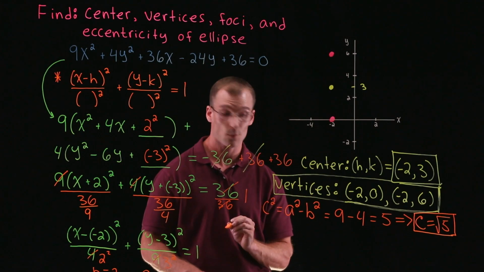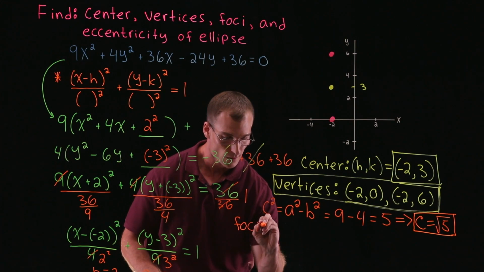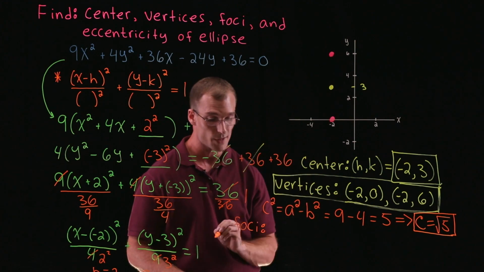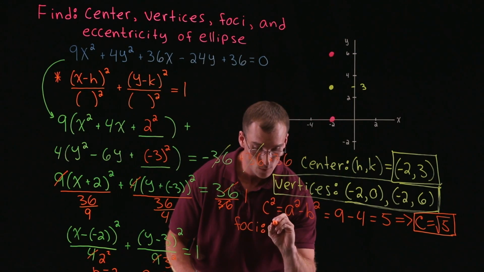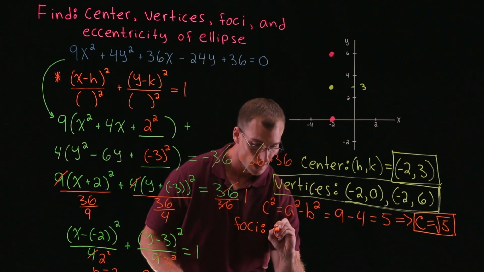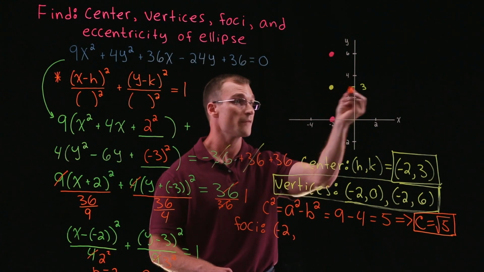Okay, so how does that help us find our foci? Well, we're not going to label these in our graph up here, but we go from the center up and down a unit of c. So the foci are going to have x value negative 2. The center y value is 3.